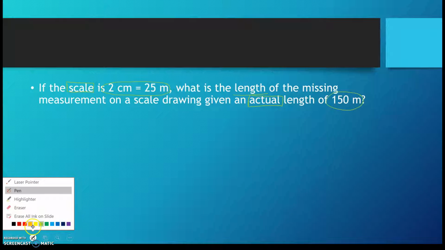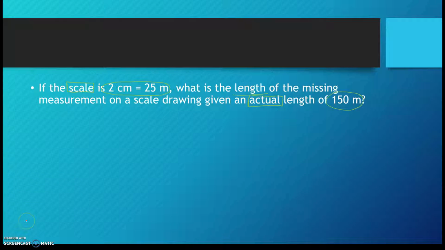Okay. So let's see, we're going to start out with, like I said, our scale on one side, equals model over actual. And kind of like measurement conversions, you watch the type of measurement and that'll help you set up your proportion, okay?